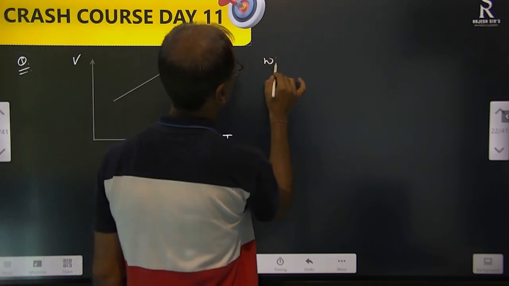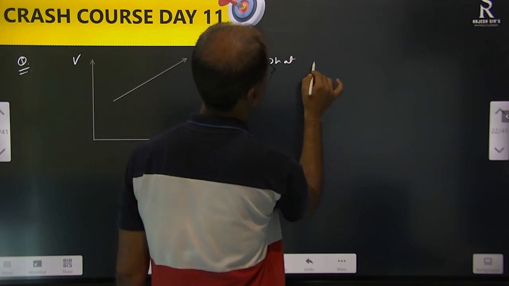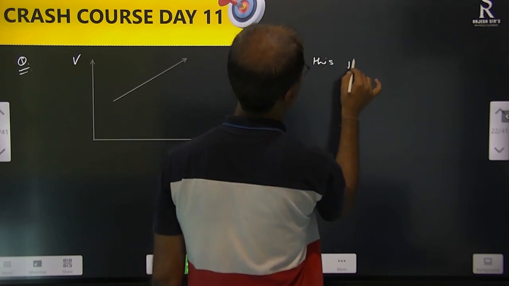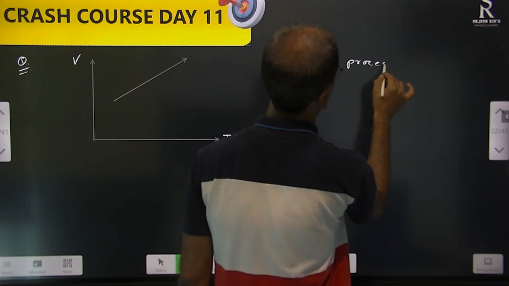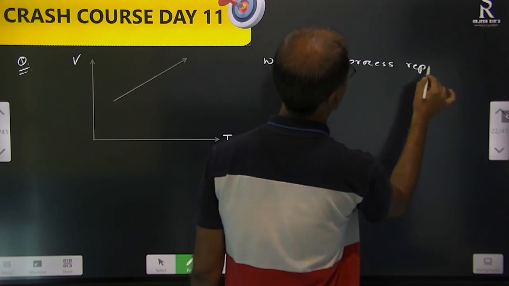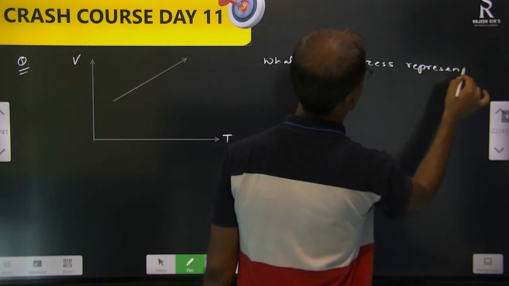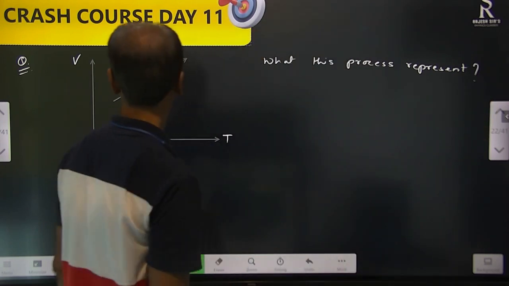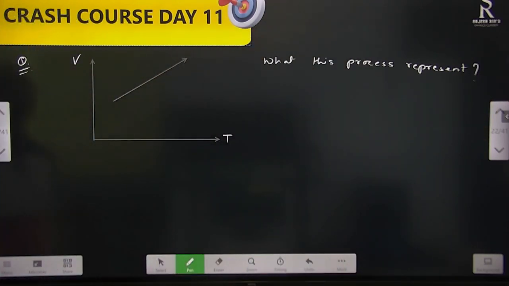What does this process represent? Pressure increasing, temperature is increasing, we know, volume is increasing, we know. Is pressure increasing or decreasing? What's happening over here? That we have to check.